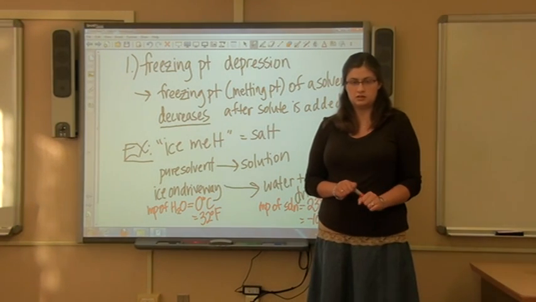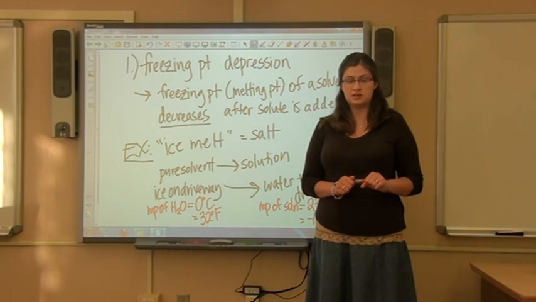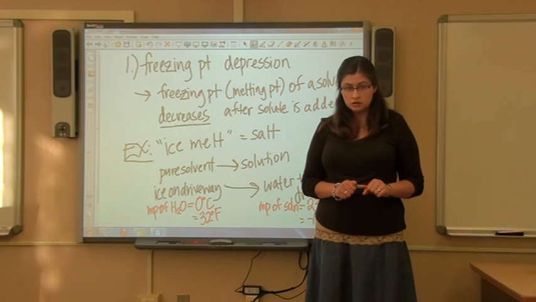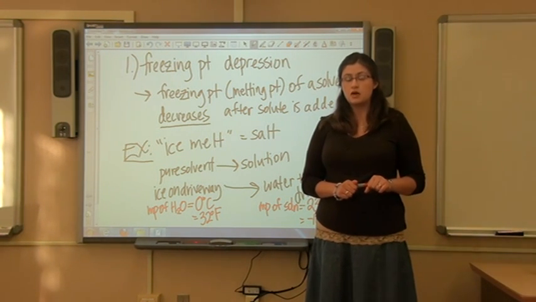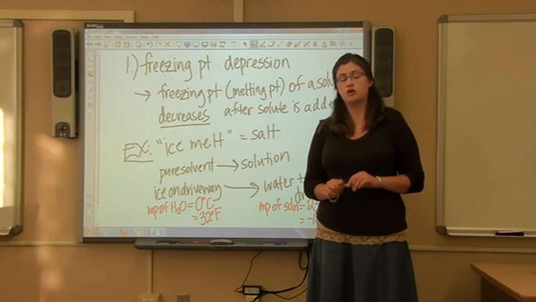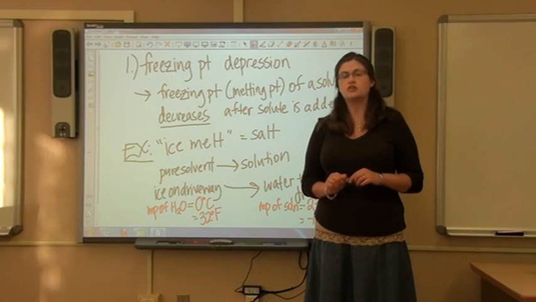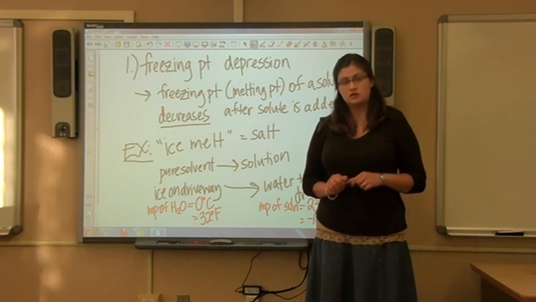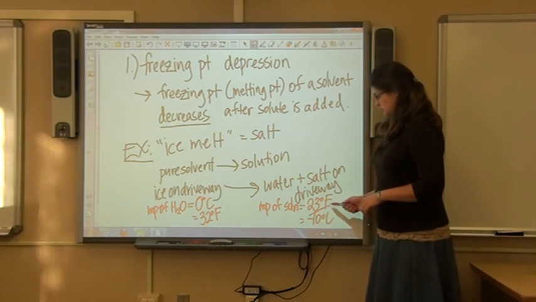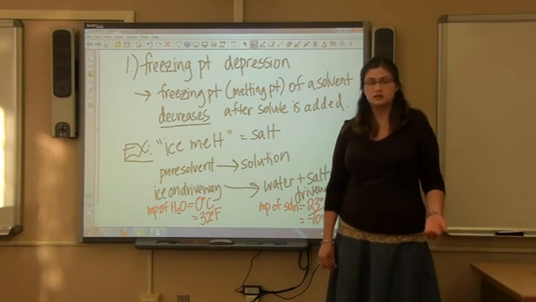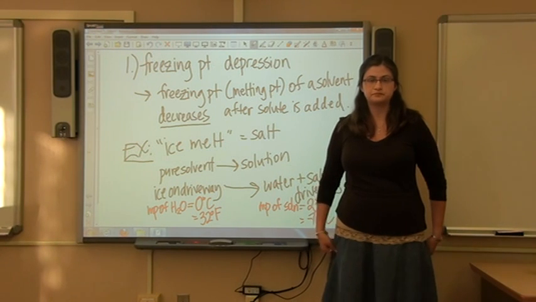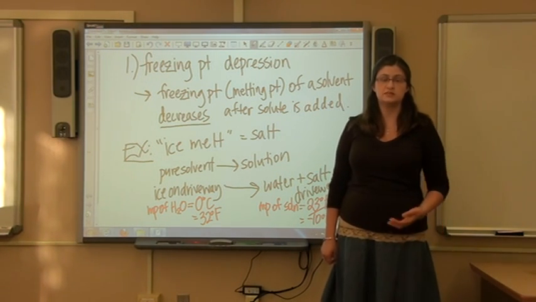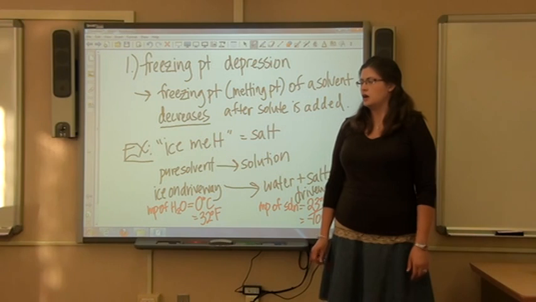If the ambient temperature is below 23 degrees, or the actual temperature of your driveway's concrete is below 23 degrees Fahrenheit, your ice melt will not work. The only way that it can work is up until you have about 22 or 23 degrees Fahrenheit. That's as far down as you can go and still have the water melt.